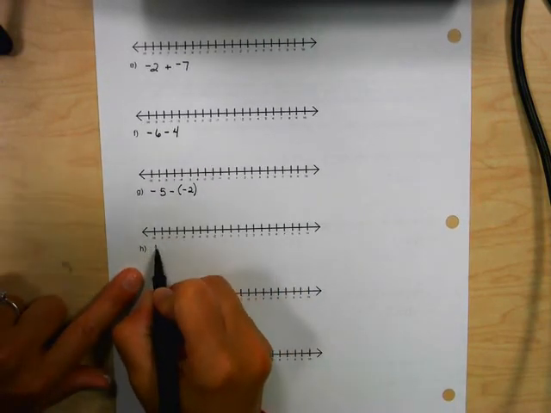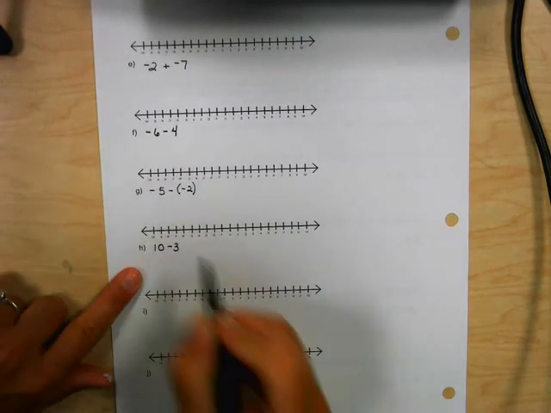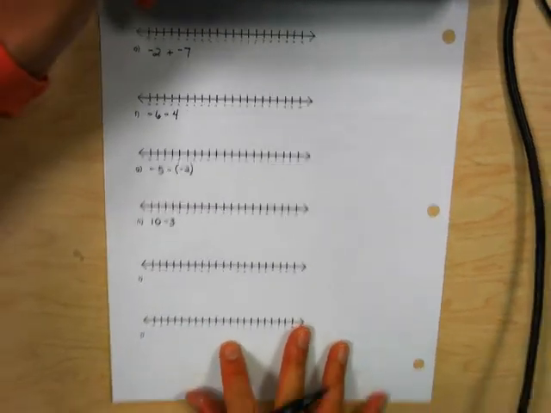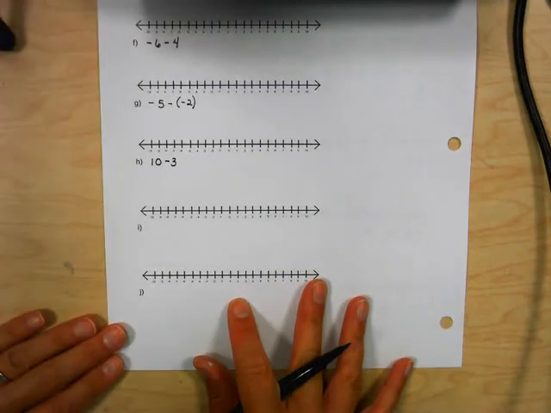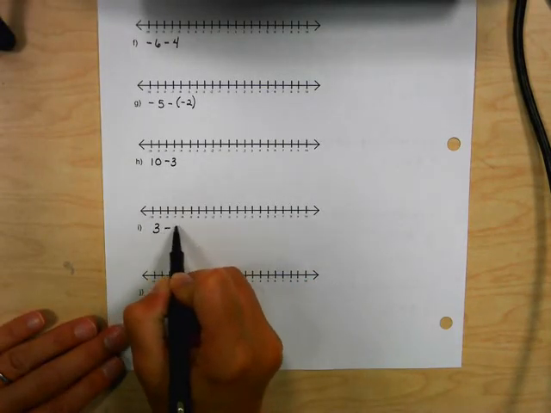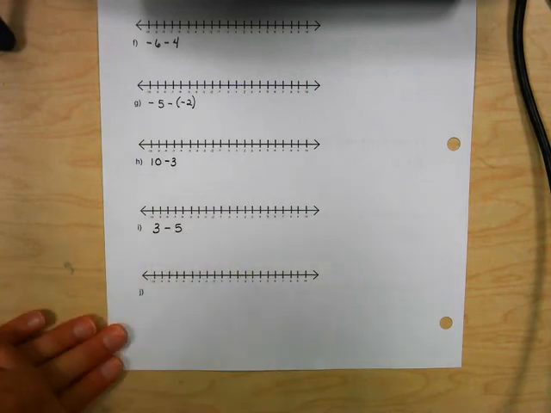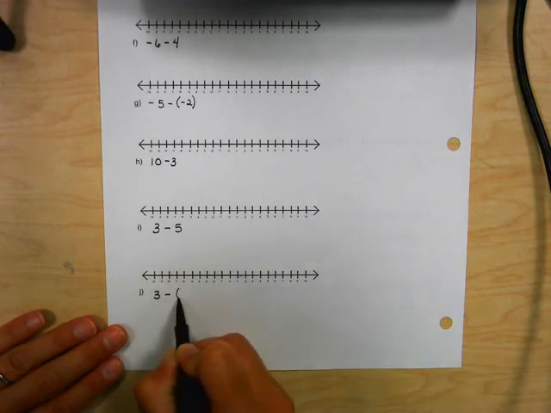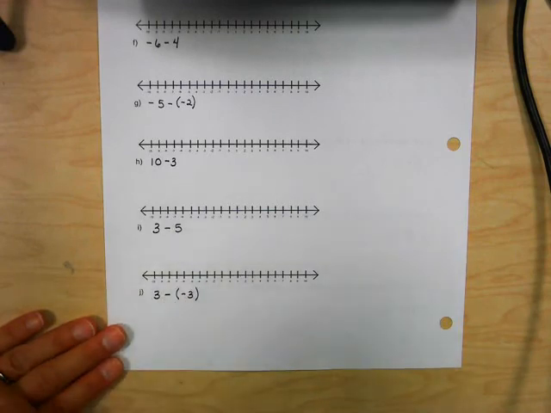Okay, show me this on the number line. 10 minus 3. Okay. Show me on the number line 3 minus 5. And show me on the number line 3 minus a negative 3.